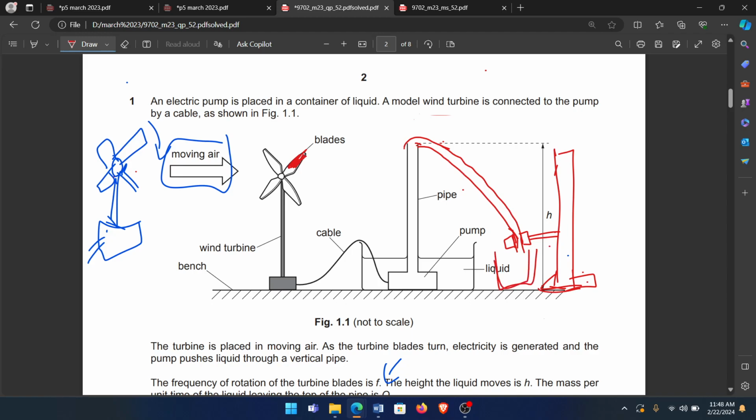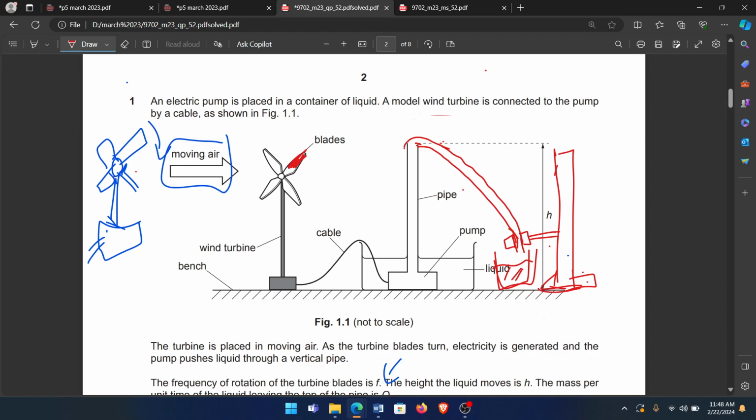Look, the figure is already there. You have to use this setup, this diagram, but add some additional apparatus. Make it realistic. Collect the liquid here, then measure its mass. Make it more realistic. Clear?